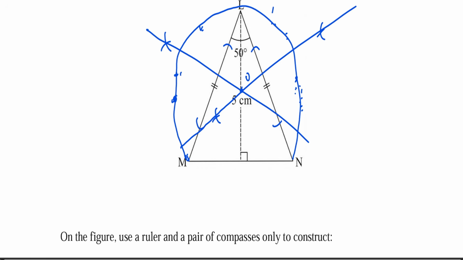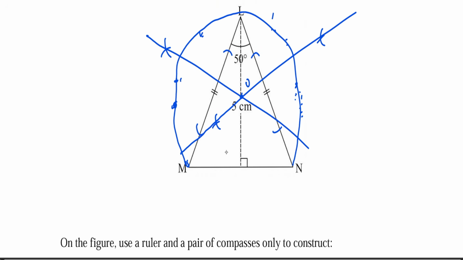Ile triangle yako, so a locus at a line from a line is usually parallel. Sawa, ni parallel huwa. So kama hapa ni MN, sawa, your locus Q is usually a parallel line from MN. Na kwa vile that one MQN is half of that MLN, sawa, so it means that if the distance kutoka hapa mpaka hapa ni 5 cm, wafaa uchore nusu yake, which is 2.5.